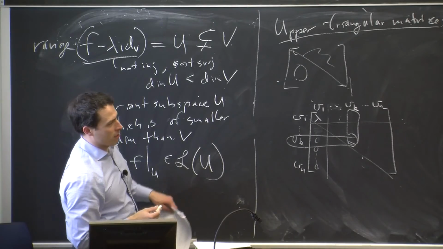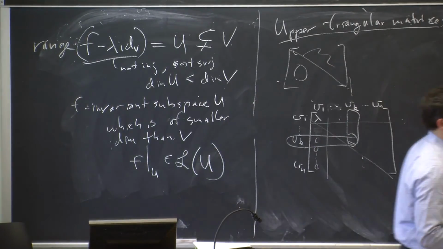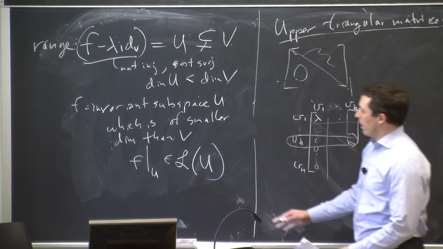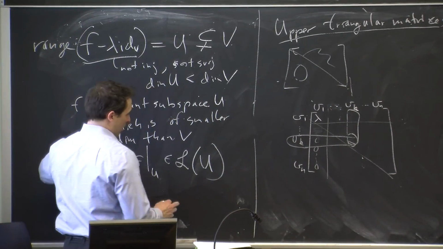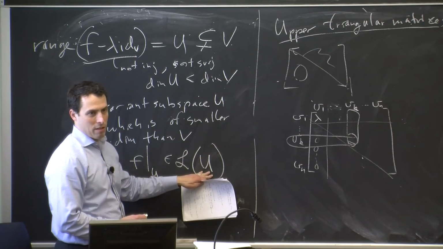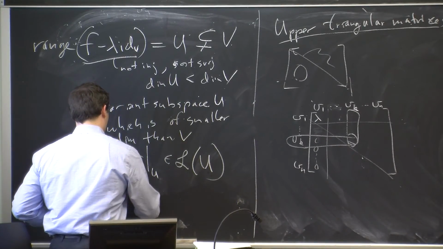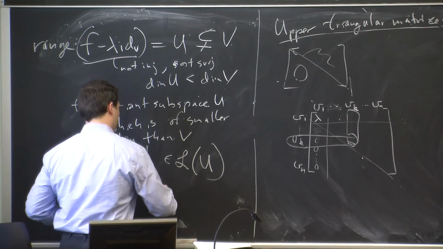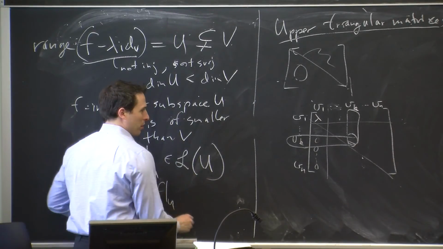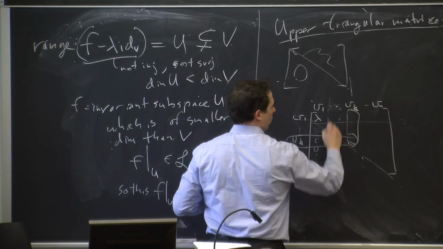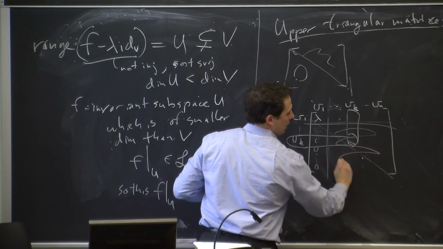But that's lower dimensional. And so we can apply our induction hypothesis to assume that this map, at least as far as U goes, has a basis. F restricted to U, which you can think of as a block of this.